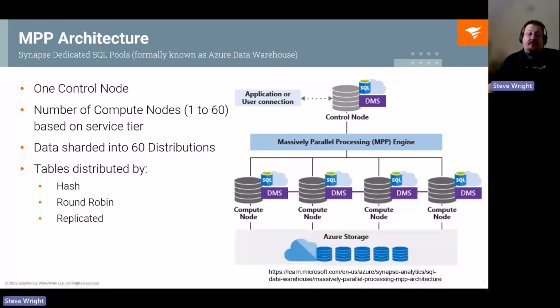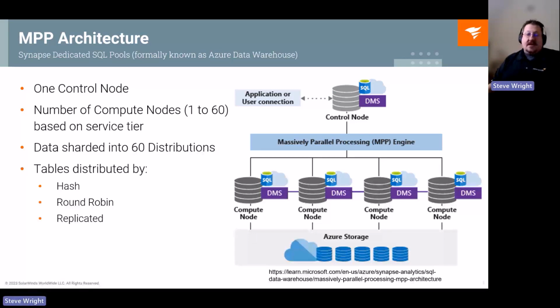So you see there are really three main ways to distribute your tables across those 60 distributions. Hash being the most important. That's where you identify a key, and everything that matches that key is going to be assigned to a particular distribution. And that's how the data is distributed across there.